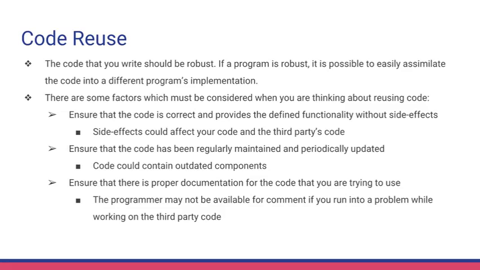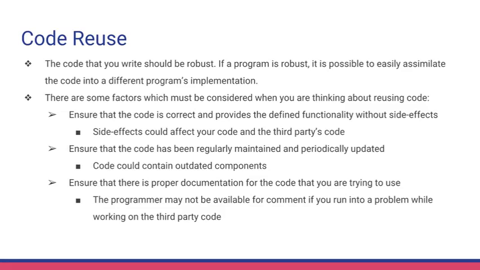There are some factors which must be considered when you're thinking about reusing code. Ensure that the code is correct and provides the defined functionality without side effects. Side effects could affect your code and the third party's code. Ensure that the code has been regularly maintained and periodically updated.